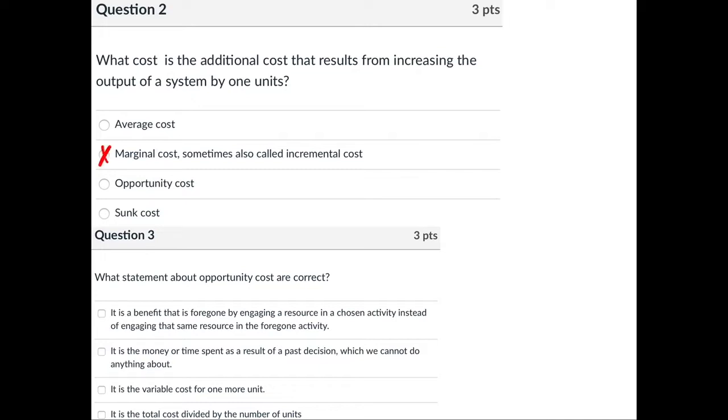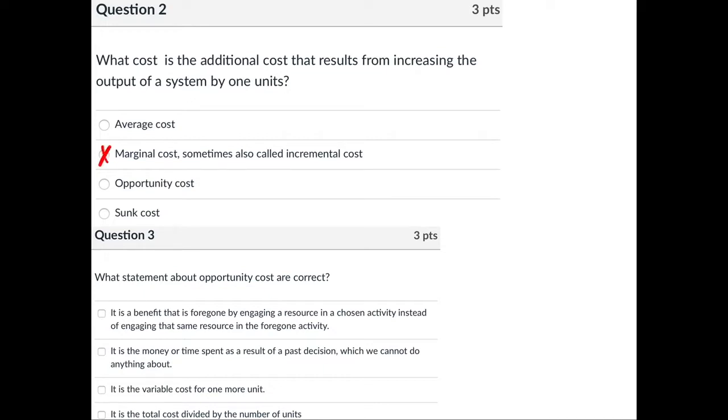If you read the book very carefully, you will see incremental cost instead of marginal cost. But in the world of economy, these 2 are used interchangeably. There are some very specific cases where they are a little bit different, but that's too much for our class. So we will just use these 2 words interchangeably in our class.